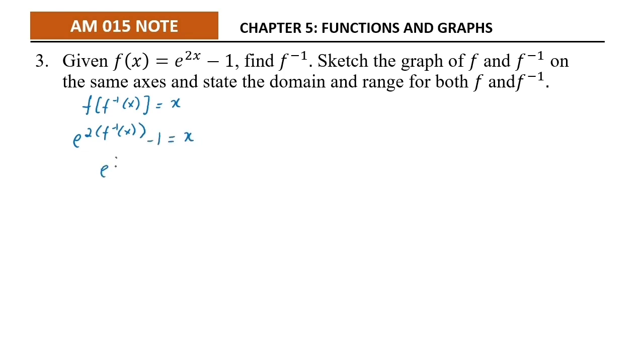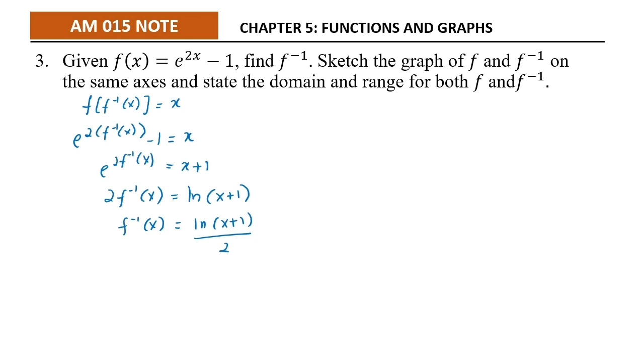Then e to the power of 2 f inverse x equal to x plus 1, and then e moves to the right hand side: 2 f inverse x equal to ln of x plus 1. And then f inverse equal to ln of x plus 1, over 2, equal to 1 over 2 ln of x plus 1.